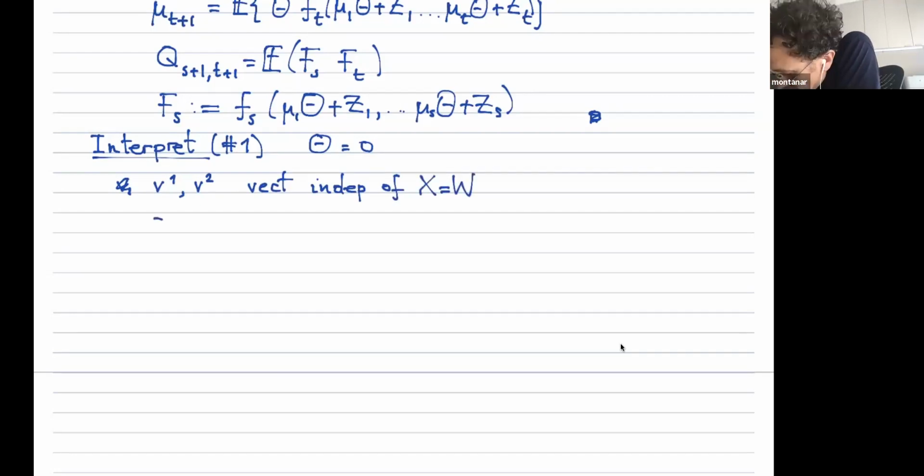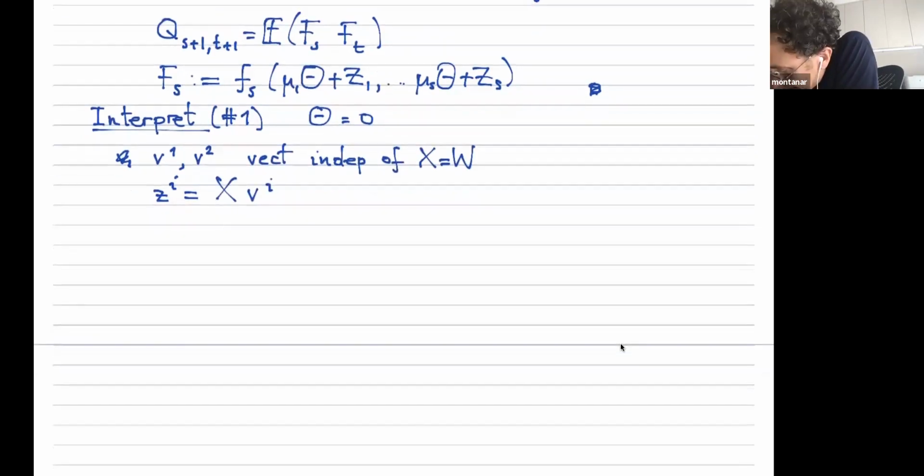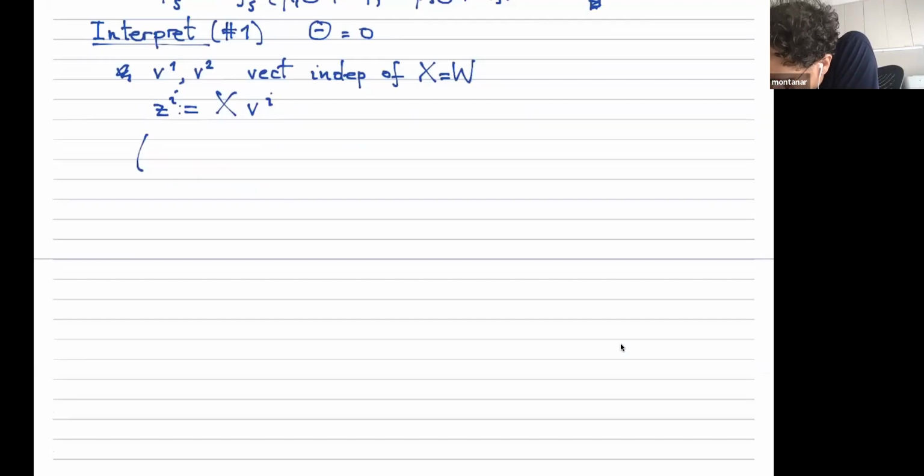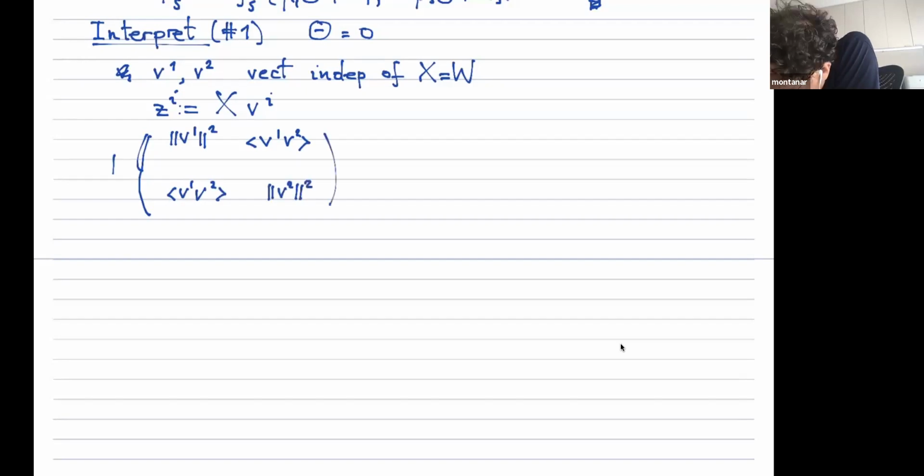Then suppose that I compute the two vectors z1 and z2 via zi equal x times vi, and suppose that I have that the matrix of scalar products converges to some q.